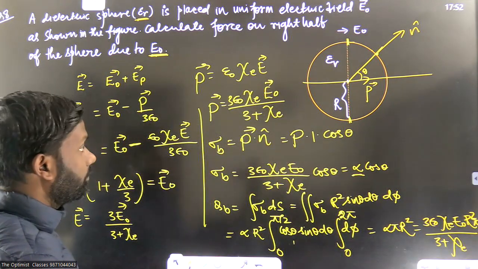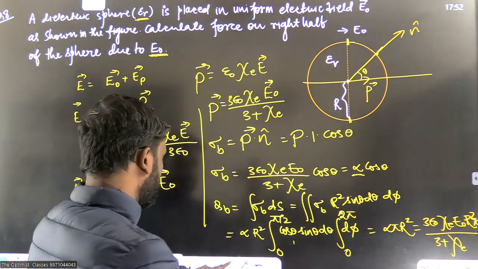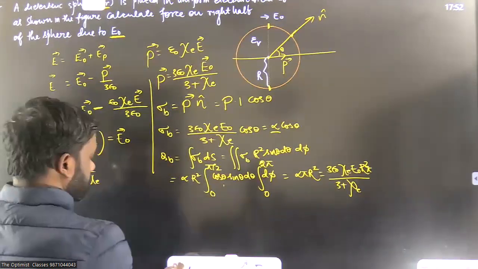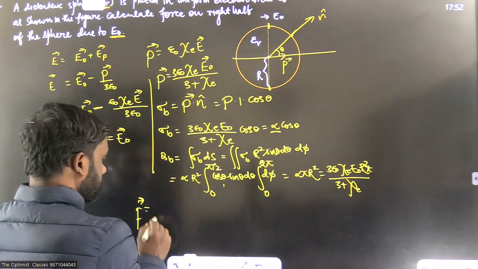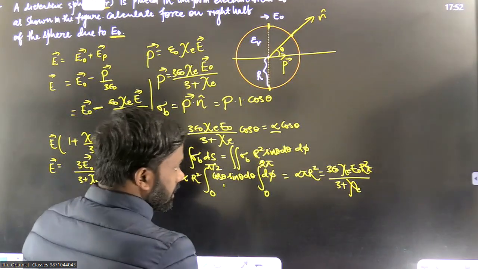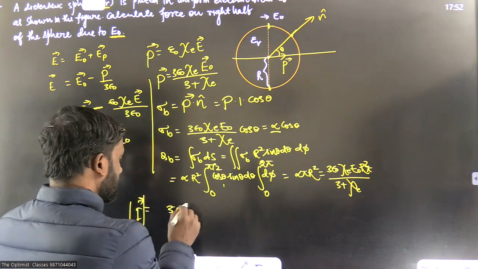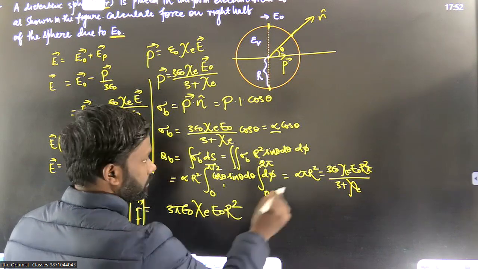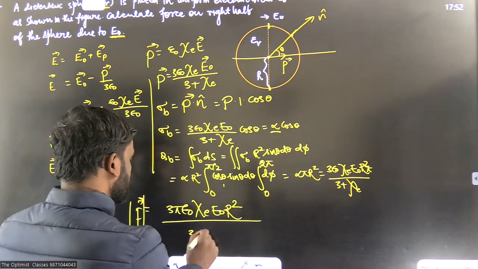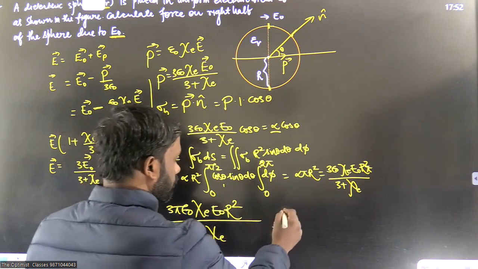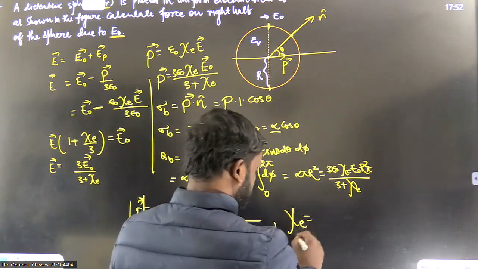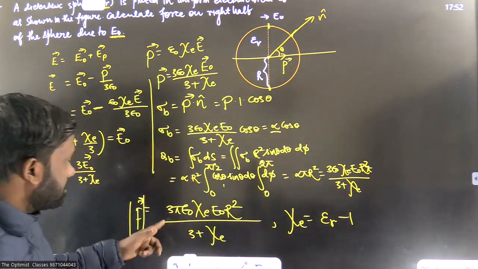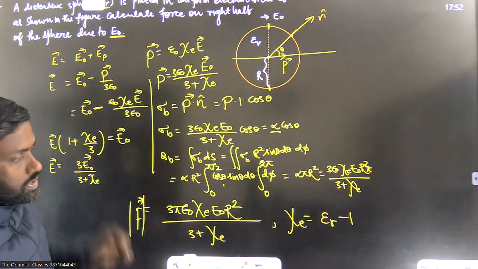So if we write here for clarity, the magnitude of the force we have calculated is 3 pi epsilon naught chi E E naught r square divided by 3 plus chi E. If you want, you can put chi E to be equal to epsilon r minus 1. So this can be finally expressed in terms of that epsilon r which was given in the question.